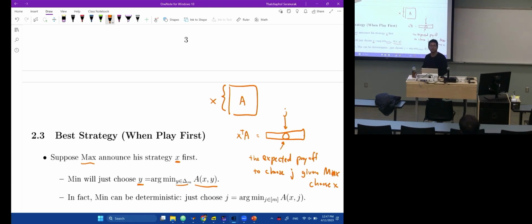Right. When X is fixed, when you look at this row, you can just compare which one is smallest and choose that strategy that will minimize the expected payoff. Make sense?